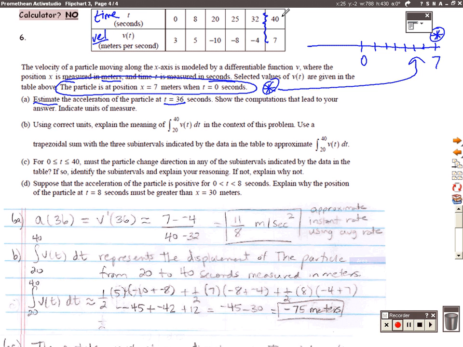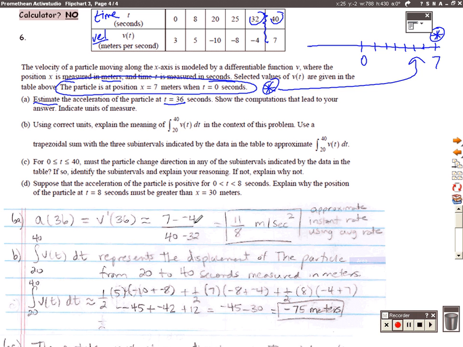So I'm going to go one above and one below and do average rate of change. So change in y, 7 minus negative 4 over change in x, gives me 11/8 meters per second squared. So I approximated the instant rate of change using the average rate of change.